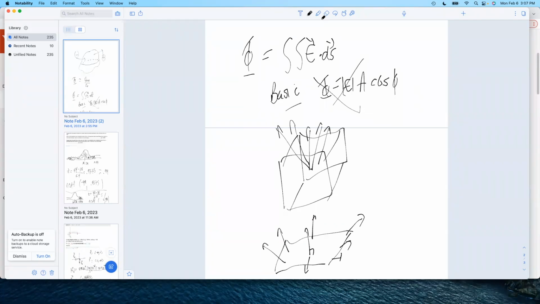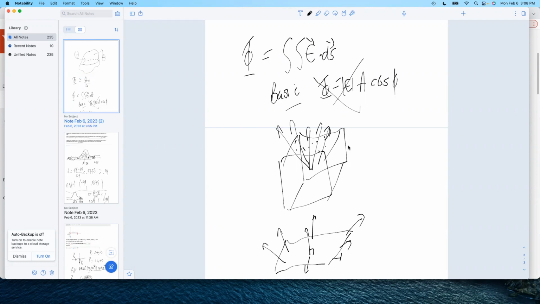So we could actually do the integral. I could calculate the magnitude of E everywhere on this top surface, find what angle that electric field vector is making with my normal vector, parameterize my surface. I could do this really, really hard double integral. It's a surface integral, and it would be terrible.